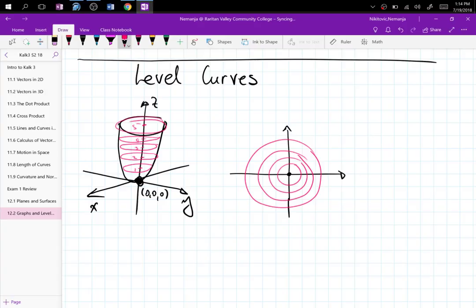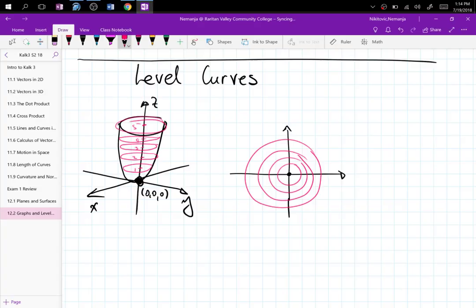Let's see one of these in a textbook. Well, let's take a look at a few of these in a textbook on page 878. What you have is a sheet of paper that is bent and put at an angle. So now when I have that, I cut with horizontal planes through it, and I get these kinds of parabolic shapes.